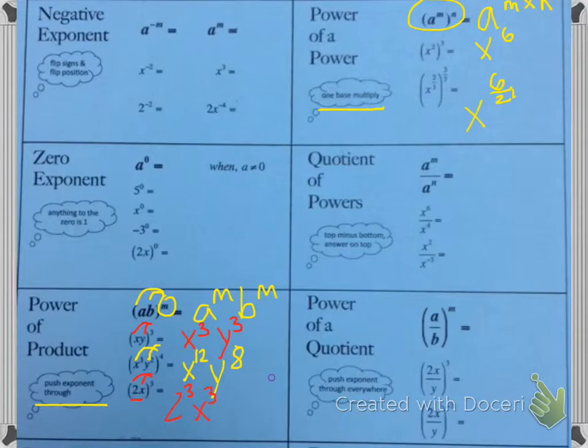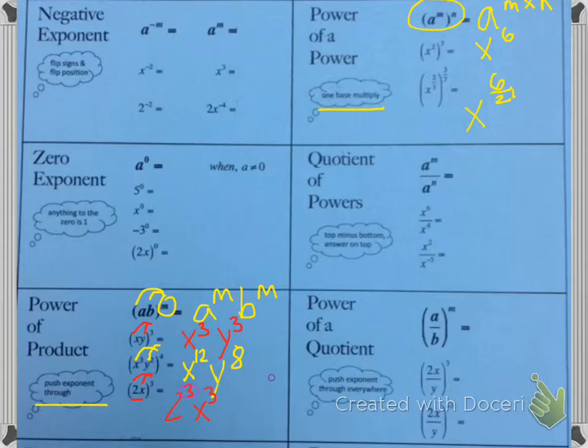The biggest mistake with these types is if you have a number, you forget about this 3 here. Most people forget about that 3, and they just write 2x cubed. You have to distribute it to every base. 2 is a base, x is a base.